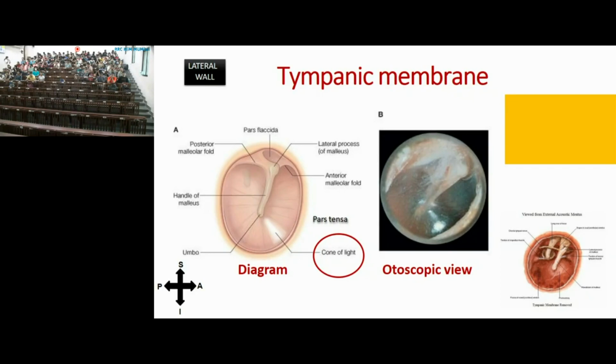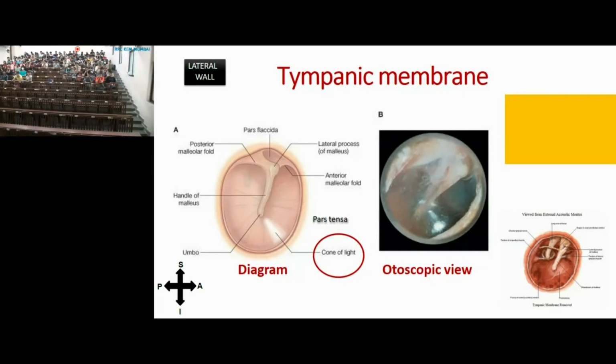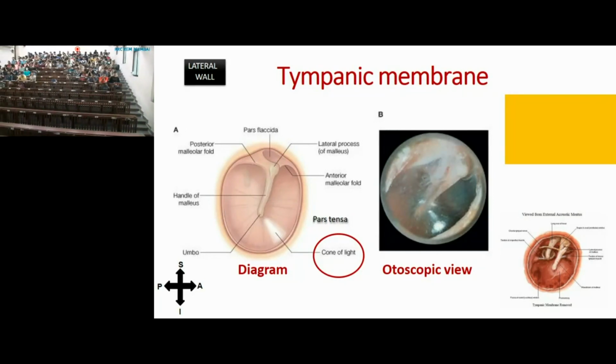When you insert the otoscope inside the external acoustic meatus, the light which is present at the end of that otoscope will fall in this part. It is called the cone of light. So the antero-inferior quadrant of the tympanic membrane shows the presence of the cone of light when you do otoscopic examination. Why is it important?